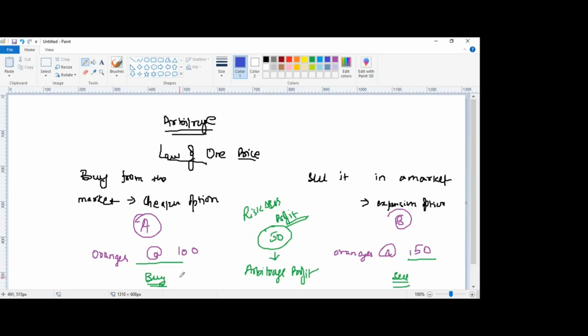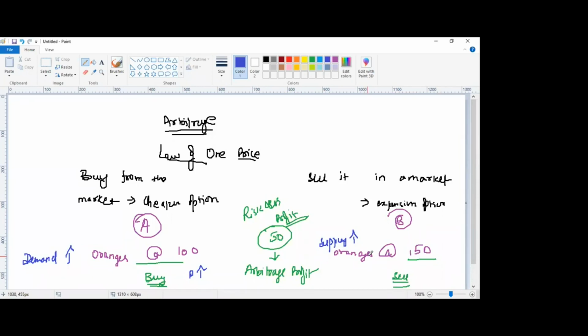So when a lot of arbitrageurs come into the market, they are able to identify this price difference, and they try to exploit it. Now what happens, when a lot of players do the same thing, here the demand will go up and here the supply would go up. When demand starts rising here, prices start rising. When supply starts rising there, demand has not increased but supply has, so what will be the impact on prices?